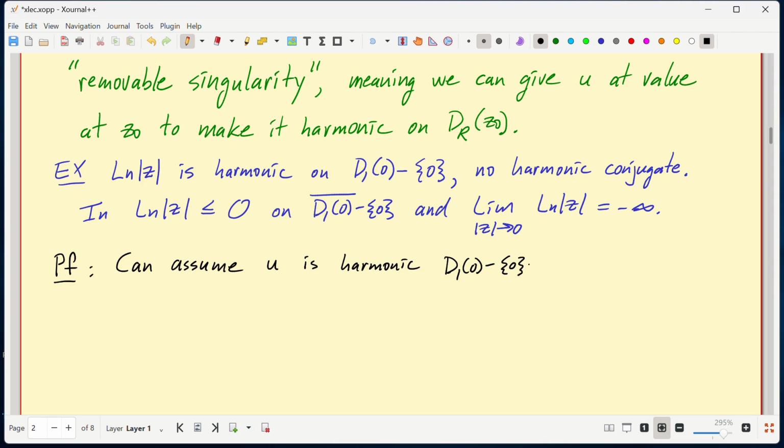And by shrinking the radius a little bit, I can also assume it's harmonic on a bigger set, on D_r minus 0 with r bigger than 1.